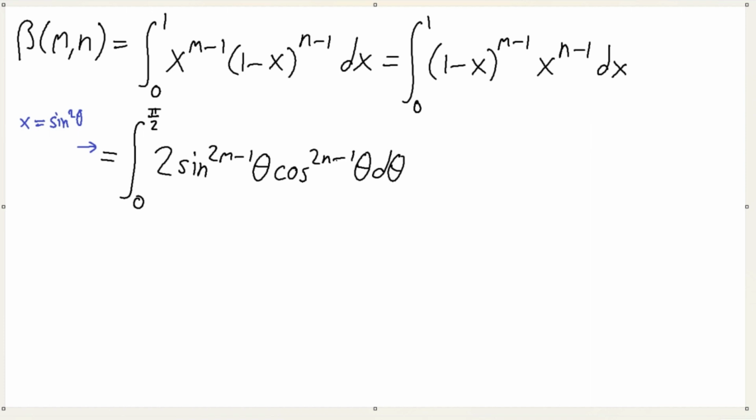This is the second form of the beta function. Again, I feel like you don't really have to memorize this one by heart because you'll rarely come across this. And even if we do come across this integral, we could just let x equal sine square, and then put it in terms of the first form. So this is just a trig sub of the first form, and you really don't need to memorize it.